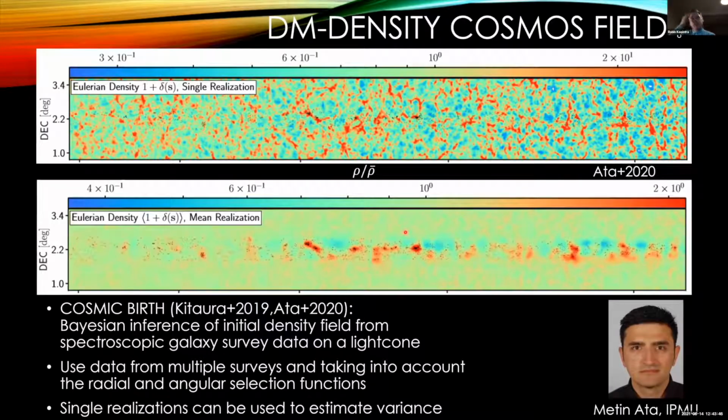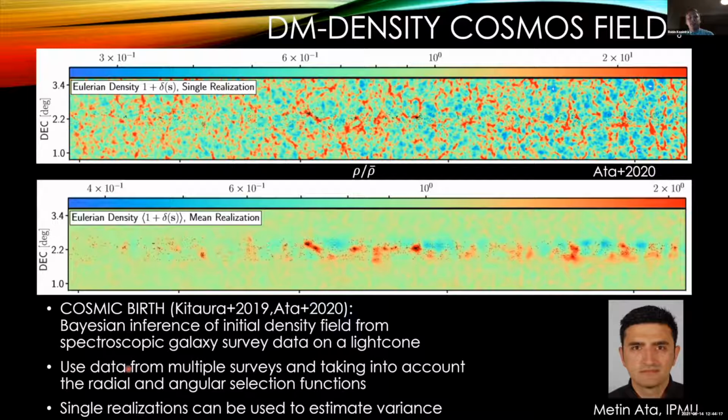As I said, we now also have the dark matter density field of this COSMOS field. This is work done by Metin Ata, where he uses his COSMIC BIRTH code to infer the density field of the COSMOS field through Bayesian inference, and he can do this directly on the light cone. It allows you to infer multiple realizations of the underlying density field that each reproduce the structures traced by the galaxies.